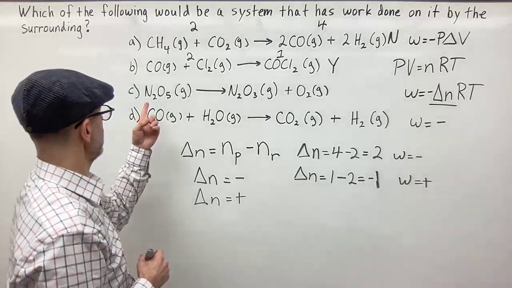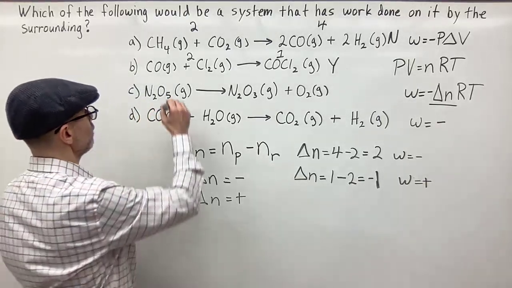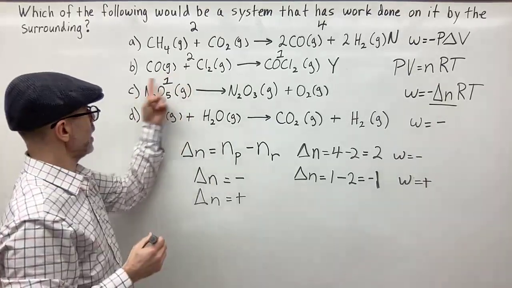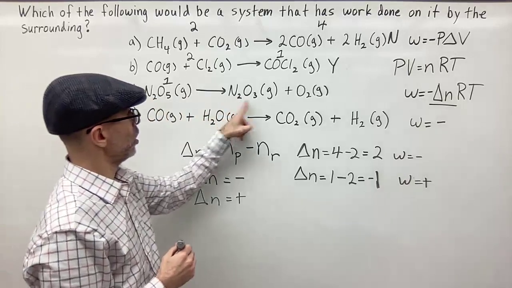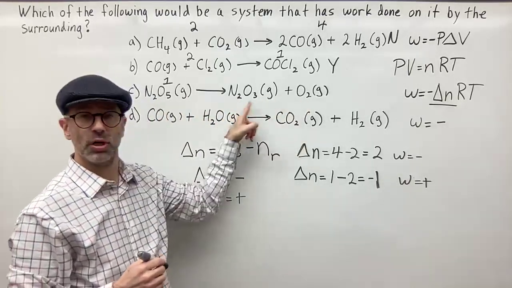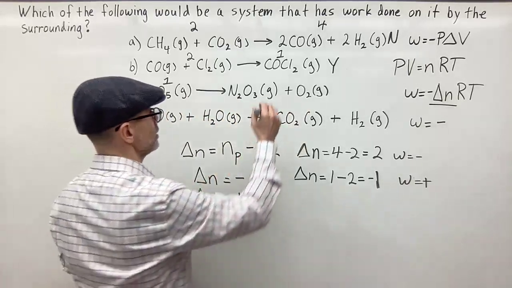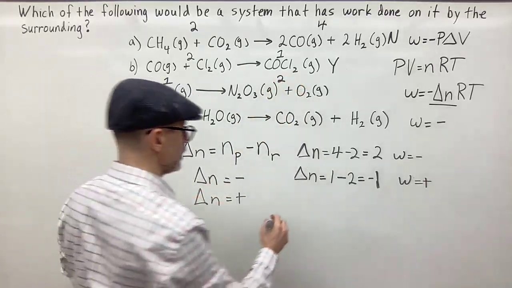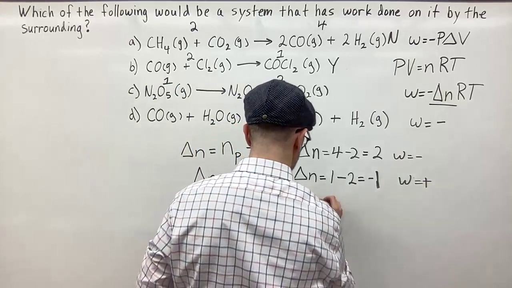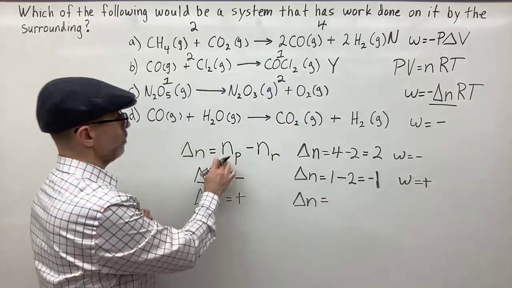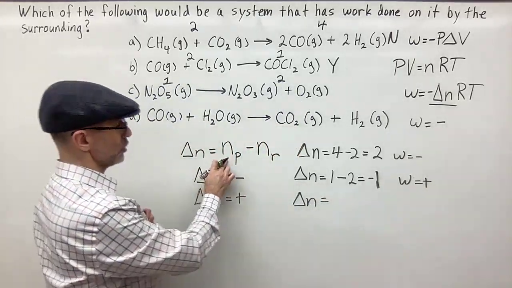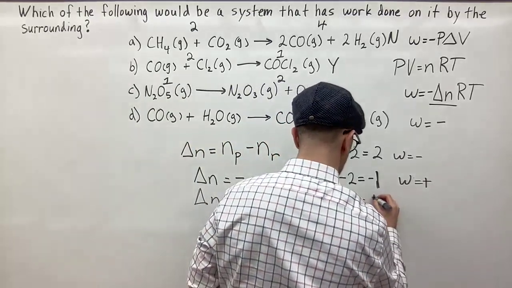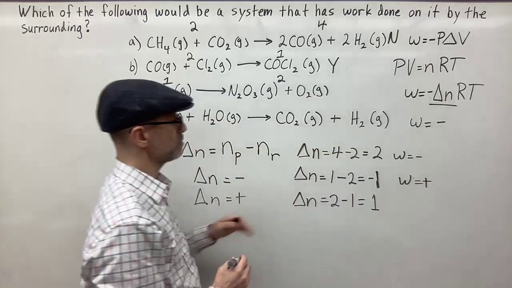All right, next we have C. Again, here we have 1 gas on the reactant side, and here we have 1 and 1, so we have 2 moles total on the product side. So again, if we calculate delta N, products minus reactants, the products are 2, reactants are 1, and so here we have a +1.